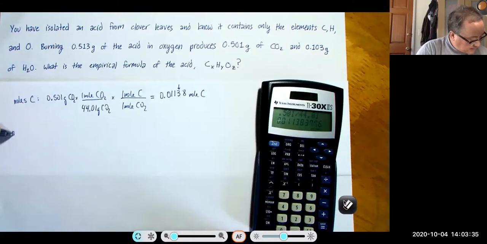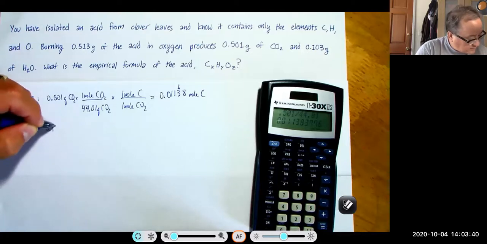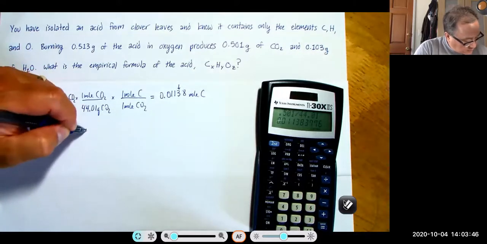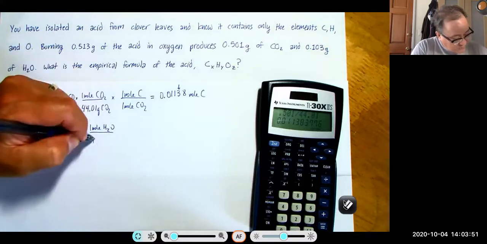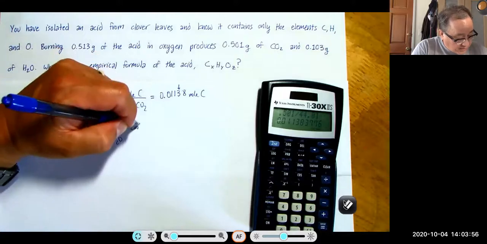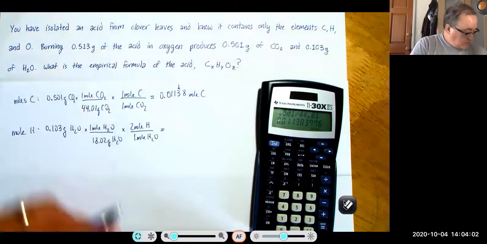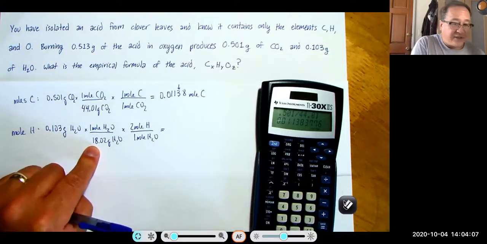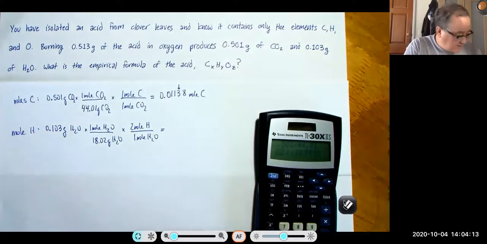Now for the moles of hydrogen, we get 0.103 grams of H2O times 1 mole of H2O per 18.02 grams of H2O, and times 2 moles of hydrogen per 1 mole of H2O. So here I'll end up getting 0.2 over 18, which is basically close to that number, I think. Well, let's find out.